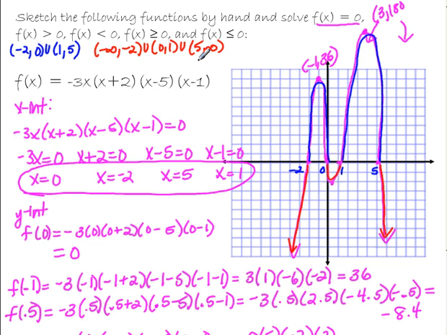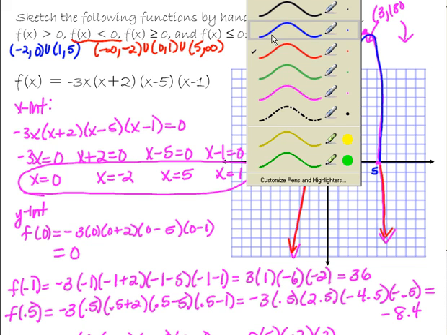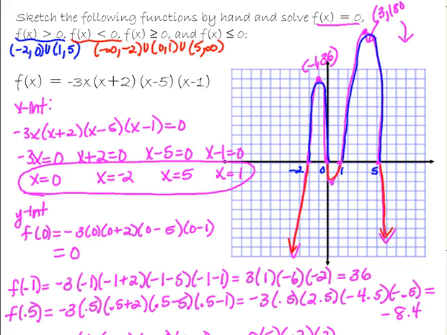Okay? So that is the solution to where f of x is less than 0. Where is f of x greater than or equal to 0? Well, now that just includes our endpoints, right? So that would be at -2 to 0, union 1 to 5.